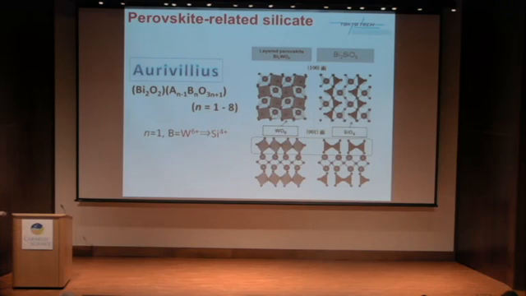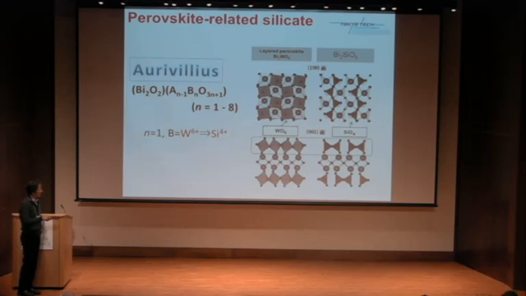So this is the a-axis view of the two structures. This is the bismuth tungstate, and this is bismuth silicate. You can see that the structure of the fluorite layer is maintained. The only difference is the change from the tungsten O6 octahedra to SiO4 chains.